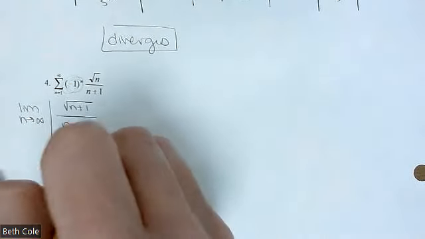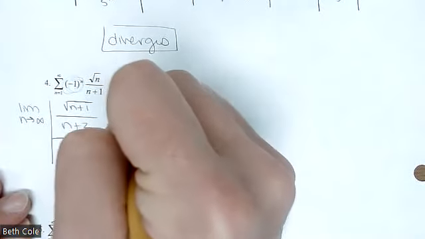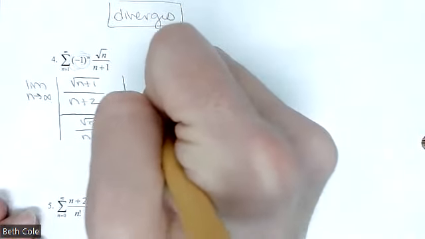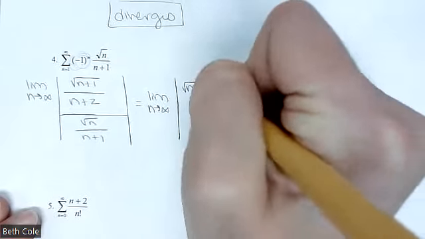And then on the bottom, just copy the series. And then we're going to reciprocate. So it'll be square root n plus 1.